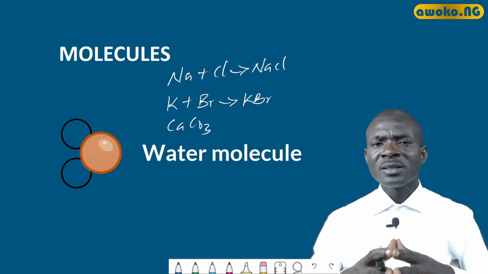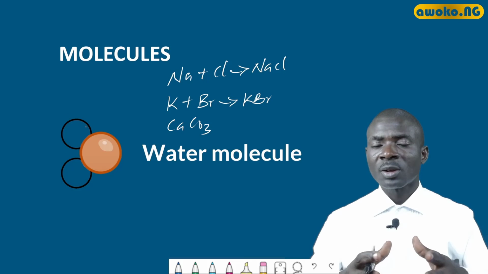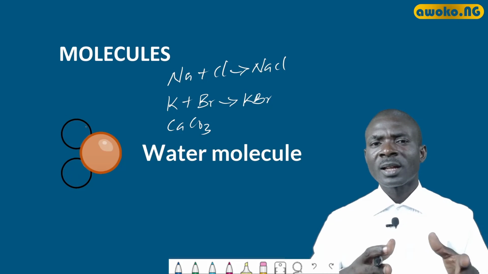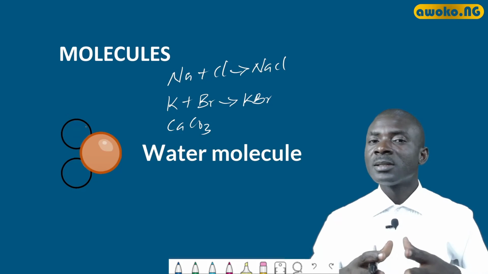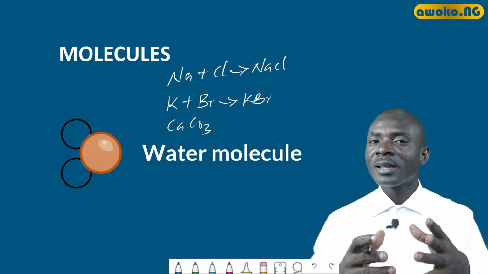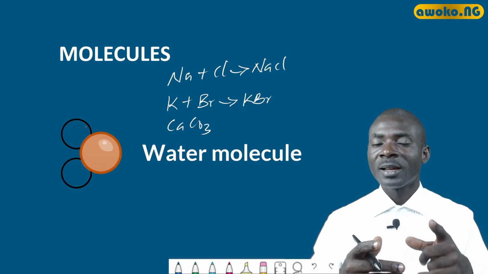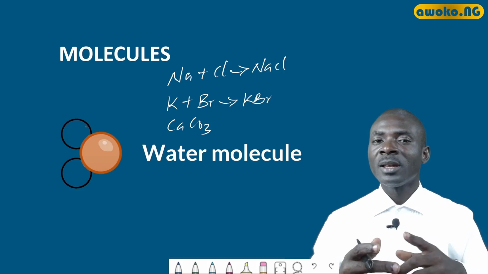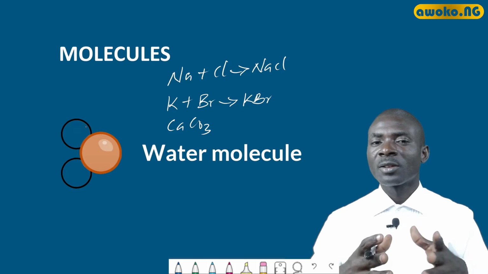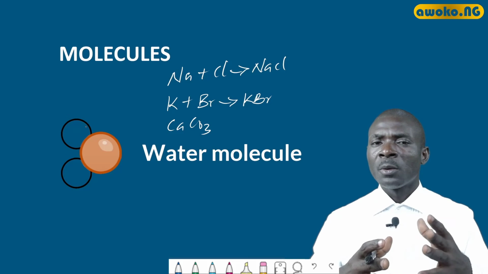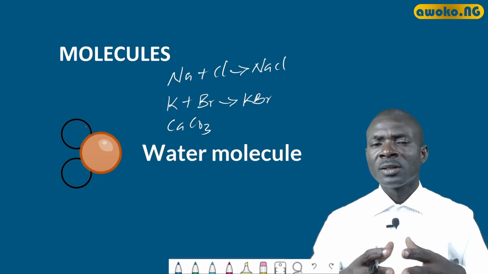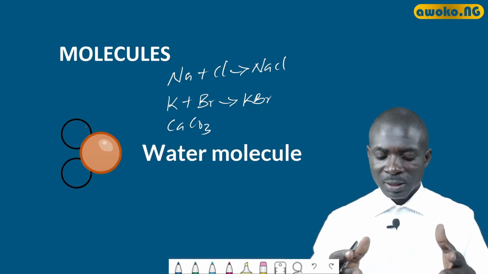Now, there is a simple term called atomicity. What is atomicity? Atomicity simply means the number of atoms present in the molecule of an element or in the molecule of a substance. That is what we call atomicity. So we can have a look at some elements and their atomicity.